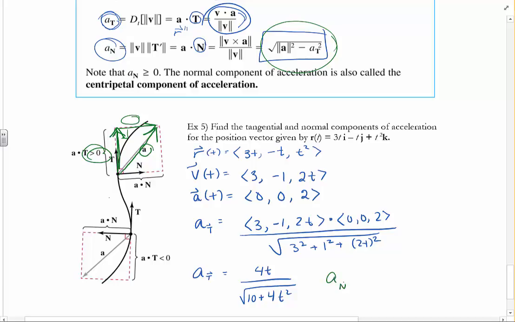So a sub N is going to be the square root of the magnitude of a squared, which is really just 2 squared, minus a sub T squared, which is this guy.